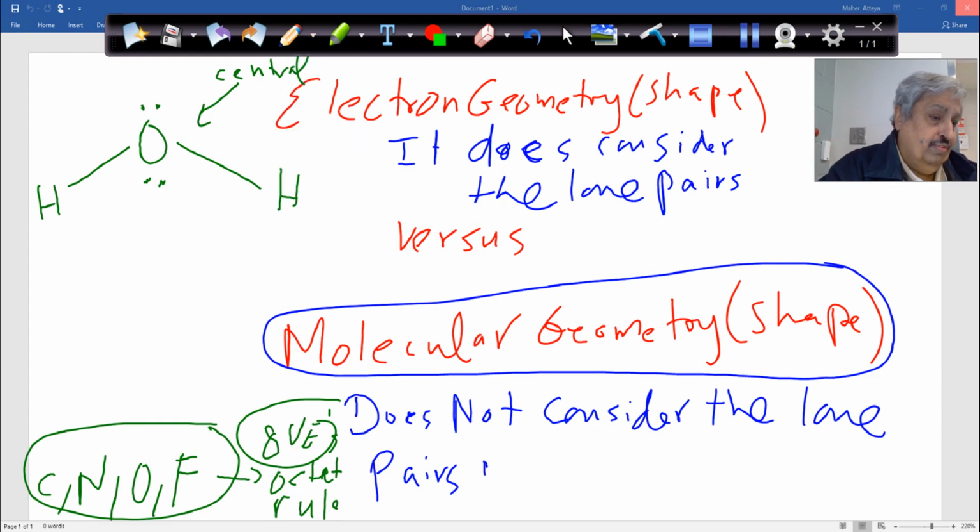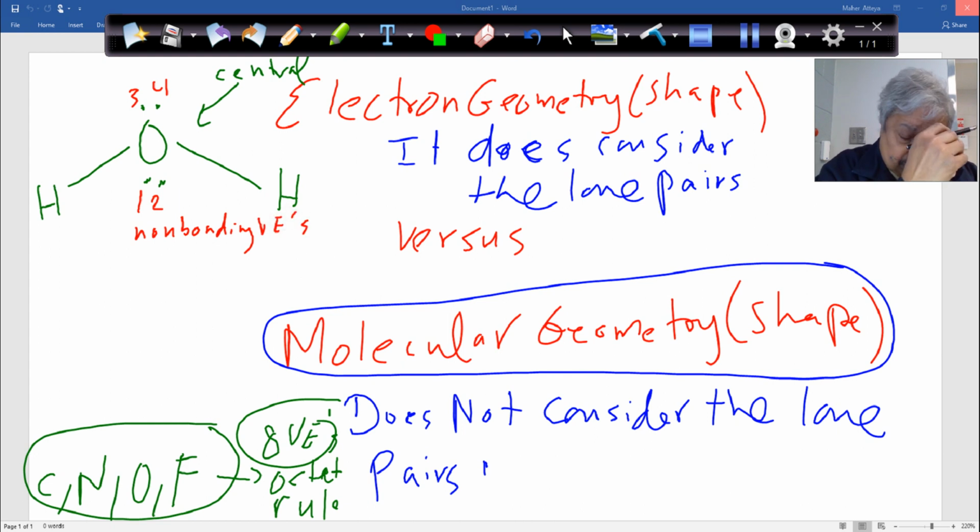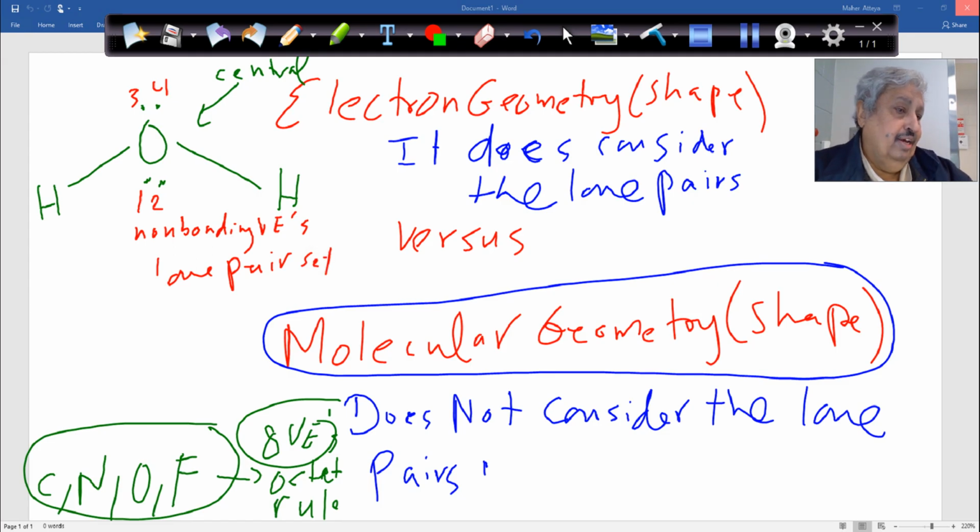Here they are. 2 sets of non-bonding: 1, 2, 3, 4. Those are non-bonding valence electrons, called what? Lone pairs. Lone pair sets. And the other one the same thing: 1, 2, 3, 4, 5, 6.